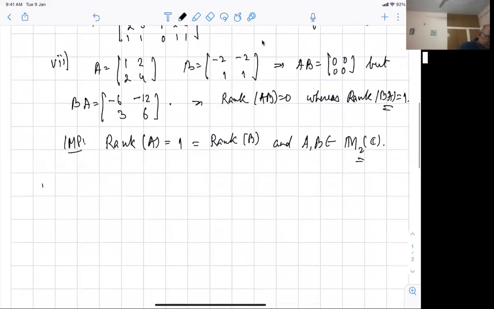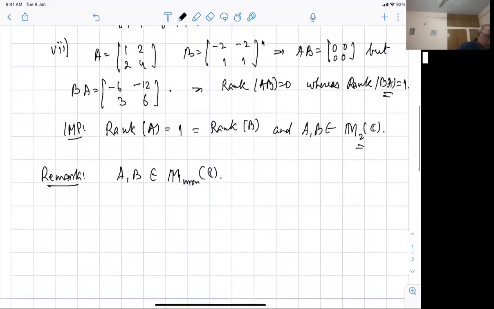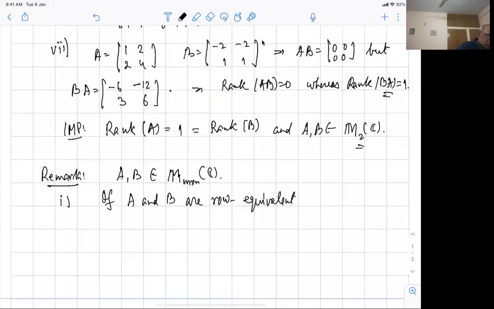So as a remark from these understandings, I've got A and B, which belong to M cross N of C. Then the first thing is that if A and B are row equivalent, then the rank of A is the same as the rank of B. Why?